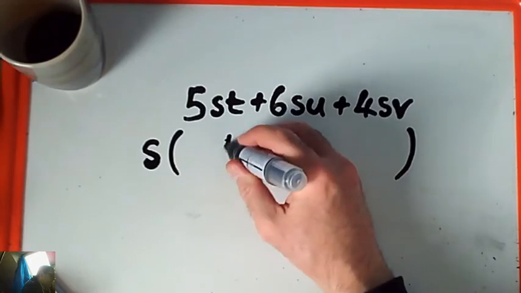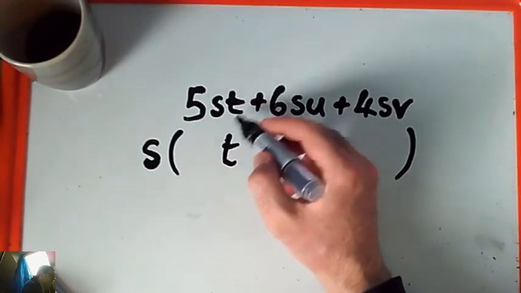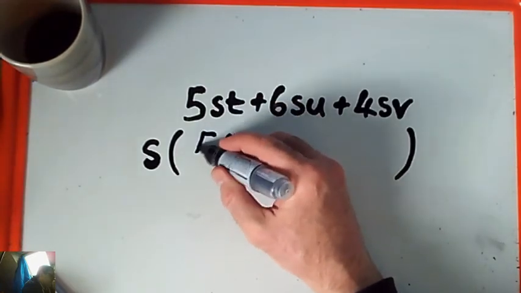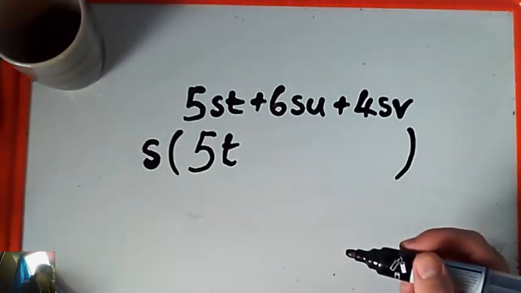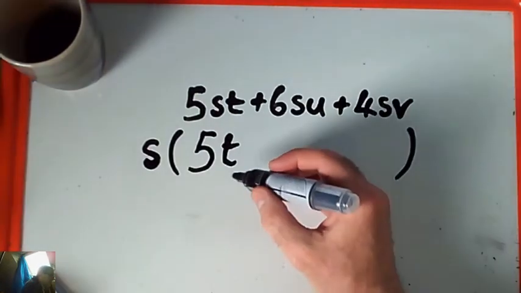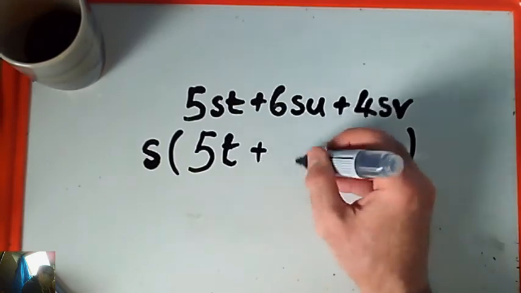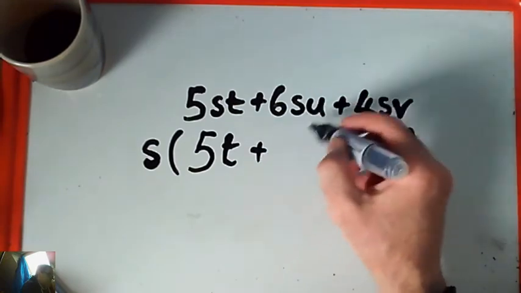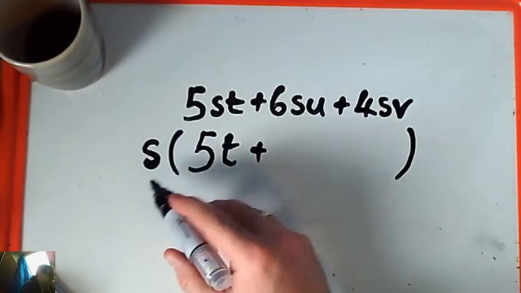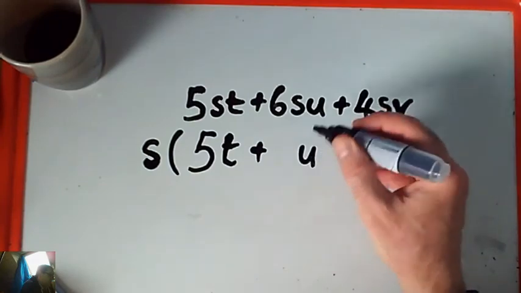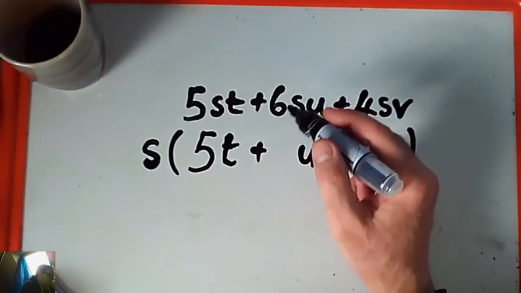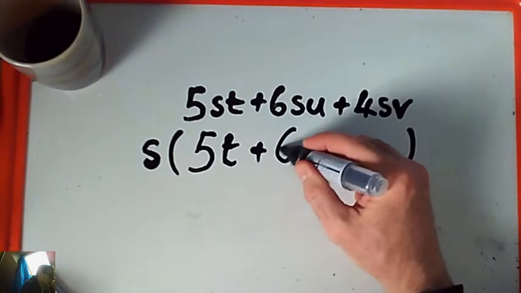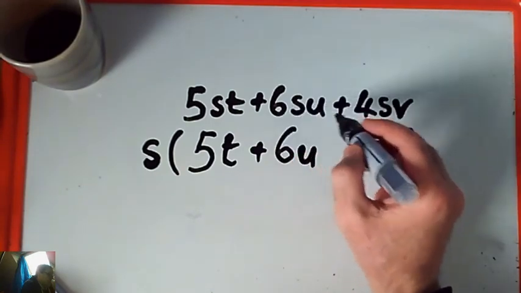Well, s times t will give me the st bit, so s times 5t will give me 5st. Next bit, s times what inside the brackets will give me 6su. Okay, so s times u will give me su, and then s times 6u will give me 6su.